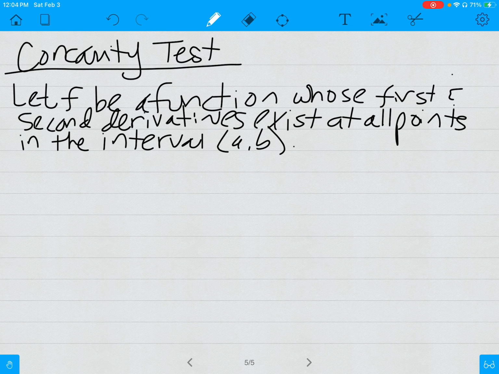Okay, so the derivatives have to exist, otherwise this concavity test is not going to work because it's based on the second derivative. And so here's what the test says.